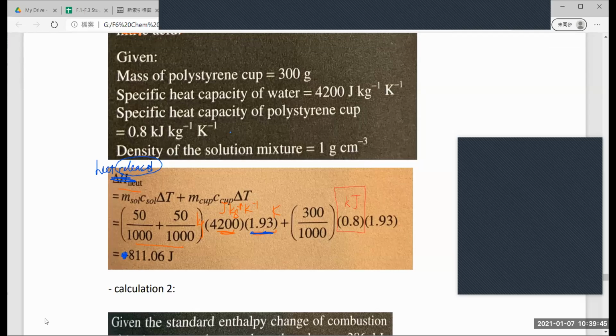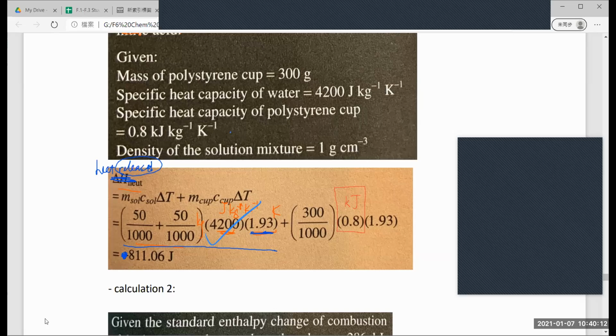What else? Now, first of all, from the first half, is it correct? The mass of a solution, we've got the 50, 50. 50 plus 50 becomes 100 gram, which means 0.1 kilogram. And for the specific capacity of the polystyrene cup, this is for calculations later on.